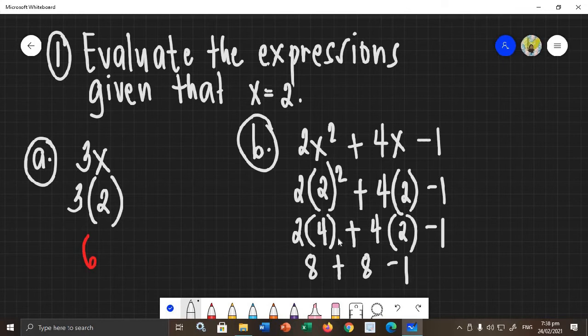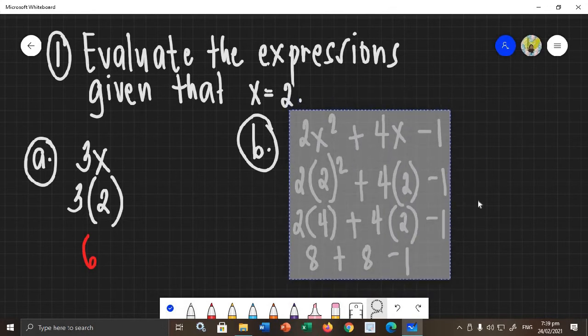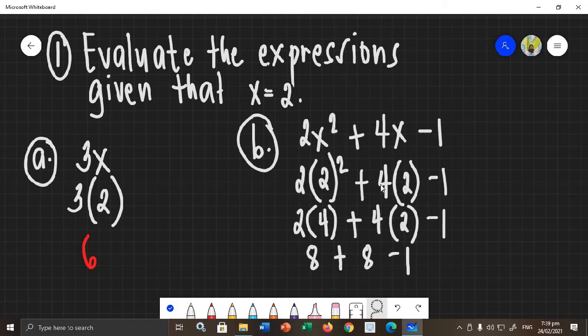In GEMDAS, addition and subtraction are equal, the same as multiplication and division, so you can do them together. Instead of solving one by one, you can just add and subtract straight through. So 8 plus 8 is 16, minus 1 is 15. And that will be your answer here.